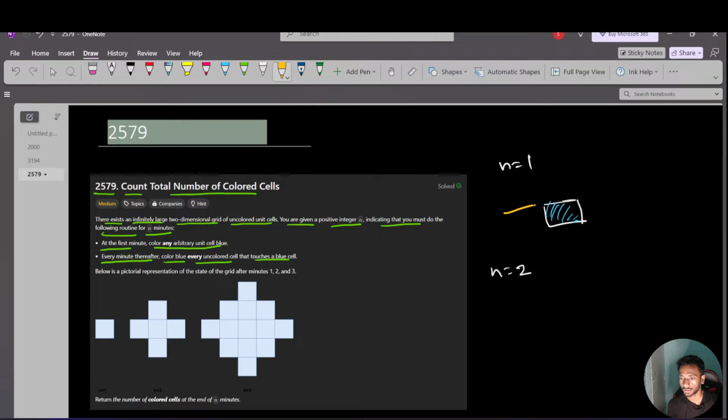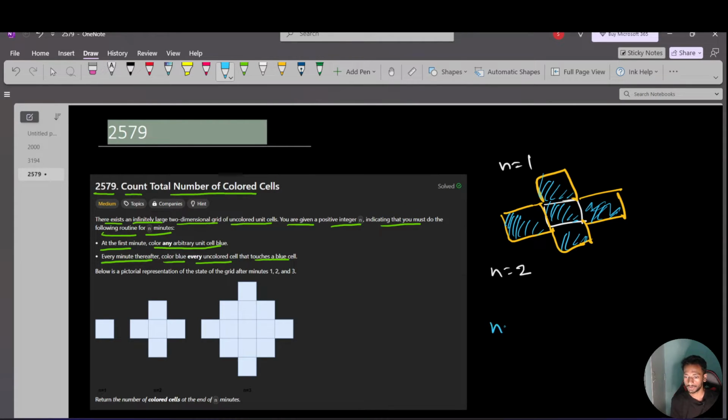These were uncolored in the previous minute, the yellow ones. Now in the current minute we have to color these cells. This will be colored blue, this will also be colored, this is colored, this is colored. So this is the grid after 2 minutes.